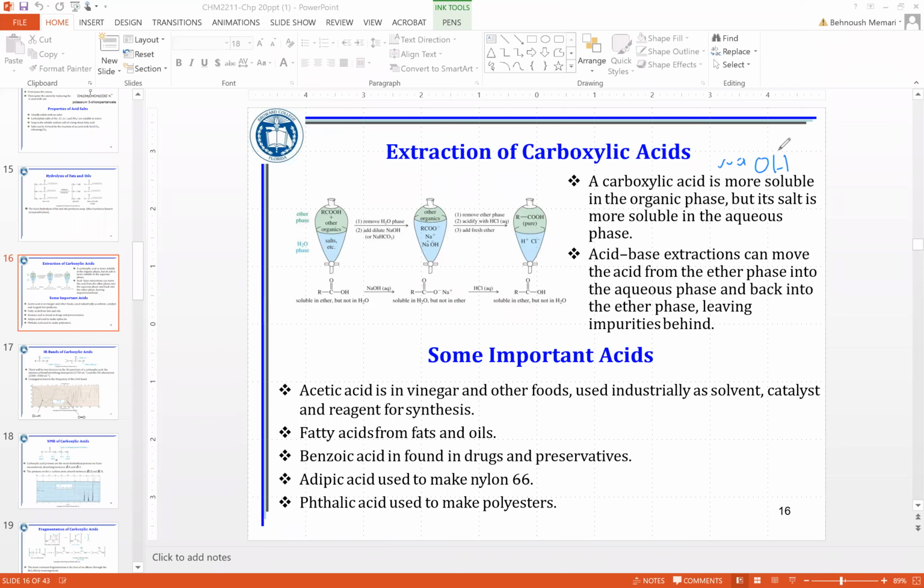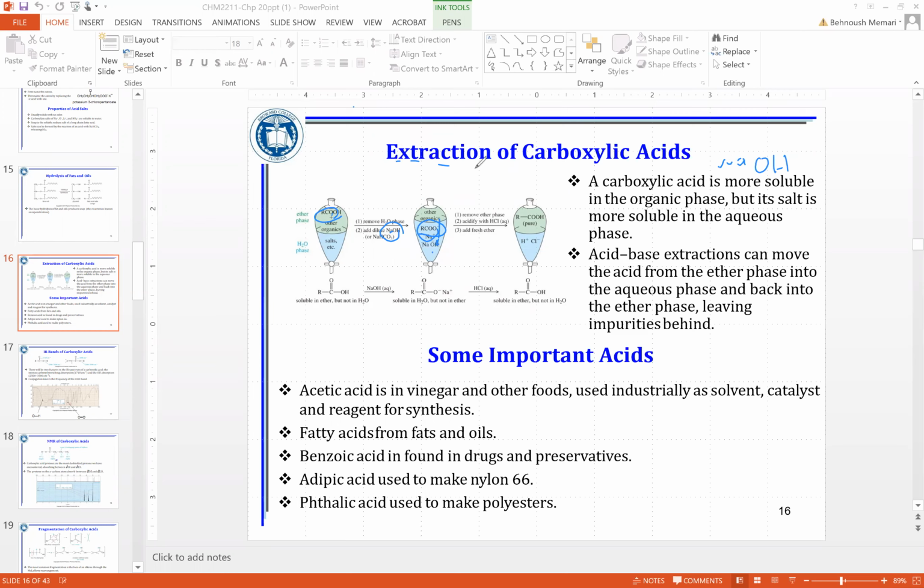So if you have a carboxylic acid in the mixture, when you're trying to extract, you add sodium hydroxide. It reacts with the carboxylic acid and changes it to the salt of the carboxylic acid, which is water soluble. It will go down to the aqueous layer.